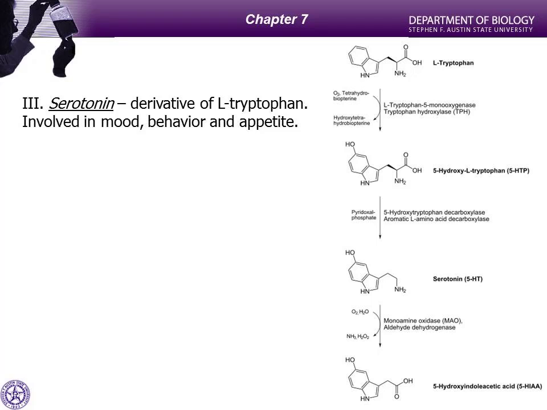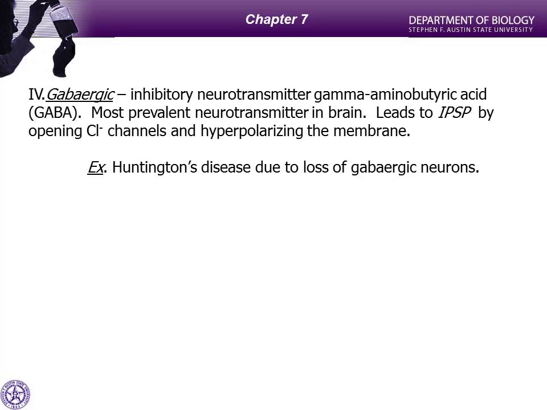Now, depending on the neuron, depending on the receptor, those monoamines can largely be excitatory. When we look at the autonomic nervous system, norepinephrine in many instances is inhibitory. But certainly one of the major inhibitory neurotransmitters is GABA.